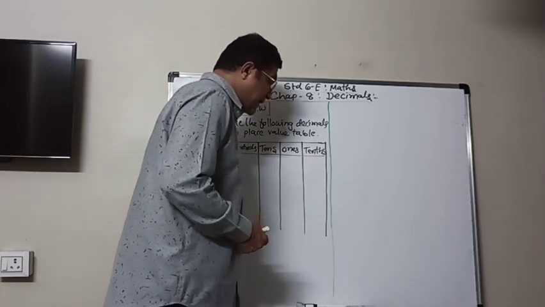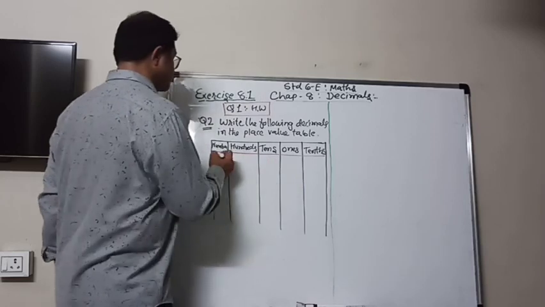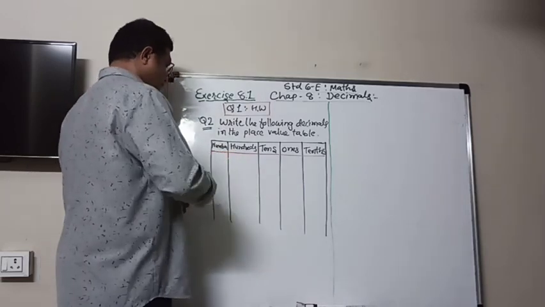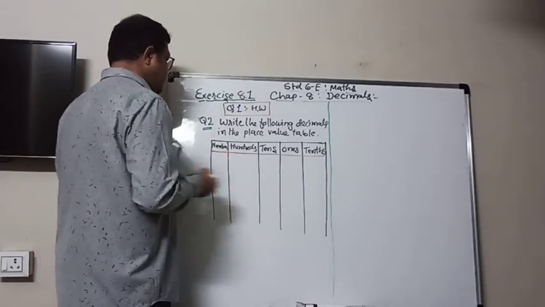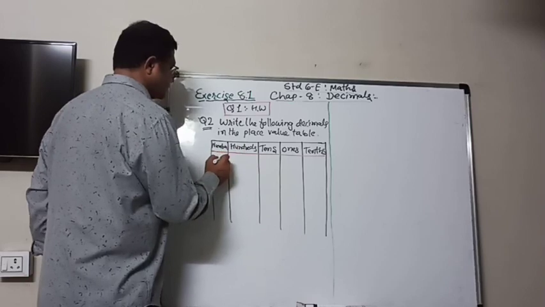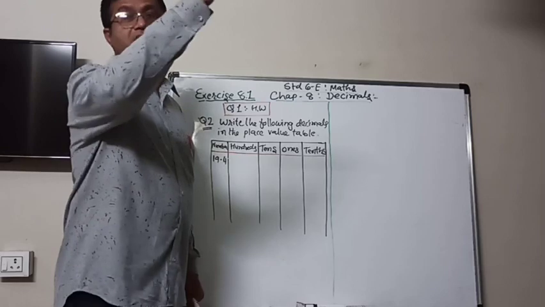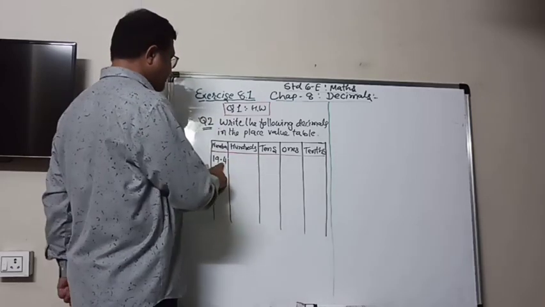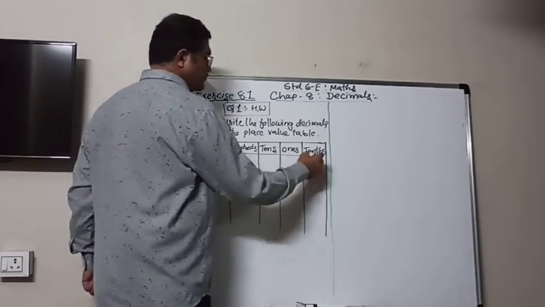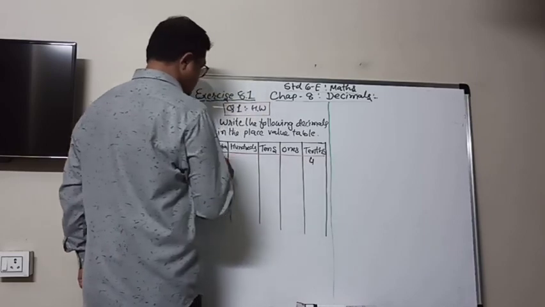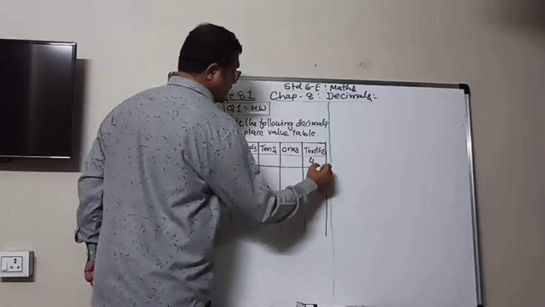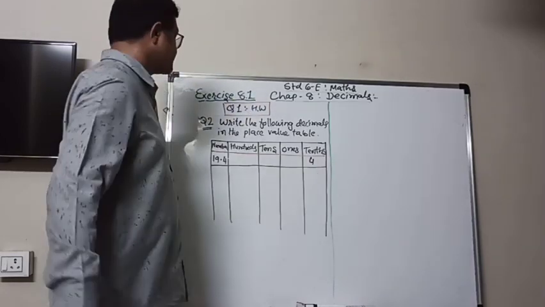First number is 19.4. And as I explained to you, start from the last digit. After the decimal point there is 4. So 4 is the tenths place, so 4 will be written at the tenths.